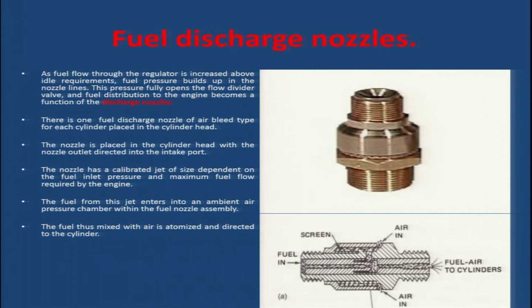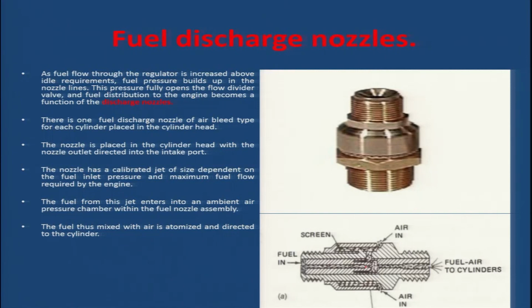There is one fuel discharge nozzle of air bleed type for each cylinder placed in the cylinder head. So for each cylinder there is one fuel discharge nozzle, and each discharge nozzle is of the air bleed type. Here in the figure, this is a fuel discharge nozzle, and this is the place where fuel is entering in.